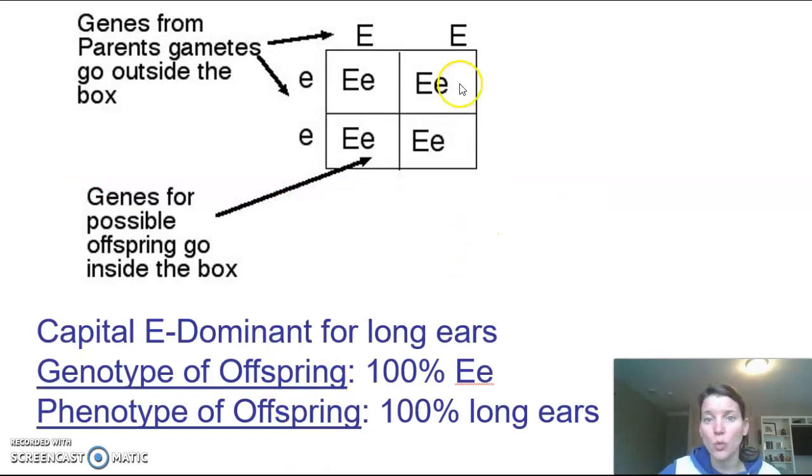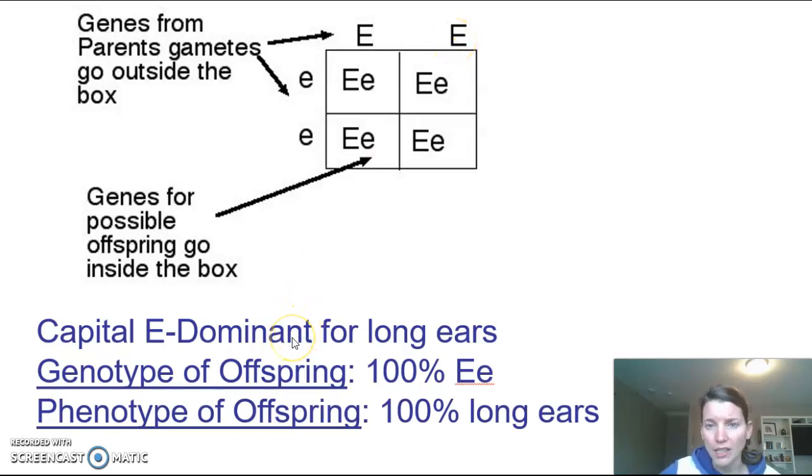If this is your Punnett square up here, it is literally a square. It's called a monohybrid cross, so you're just looking at one specific trait. You have a square with four boxes. You put the parents' alleles on the outside of the box. In this case, we're using E's. It's always helpful to use letters that you can easily distinguish between capital and lowercase, so E's are a good one to use.